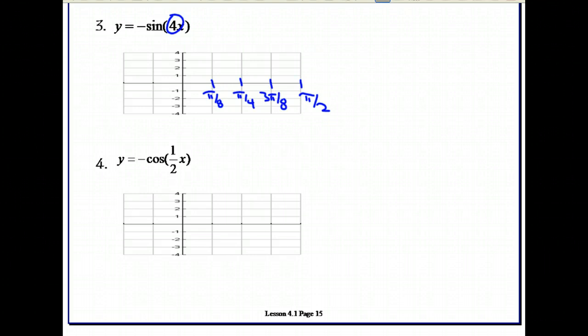And again, we can practice those if those aren't making sense. Negative in front of it. So I've got my same sine graph. It's just flipped over. So I don't go up 1, I go down 1. And I get a sine graph that looks like that. From the y-axis, I can tell it was flipped over. The x-axis, I can tell, wow, that's occurring 4 times faster than it used to occur.